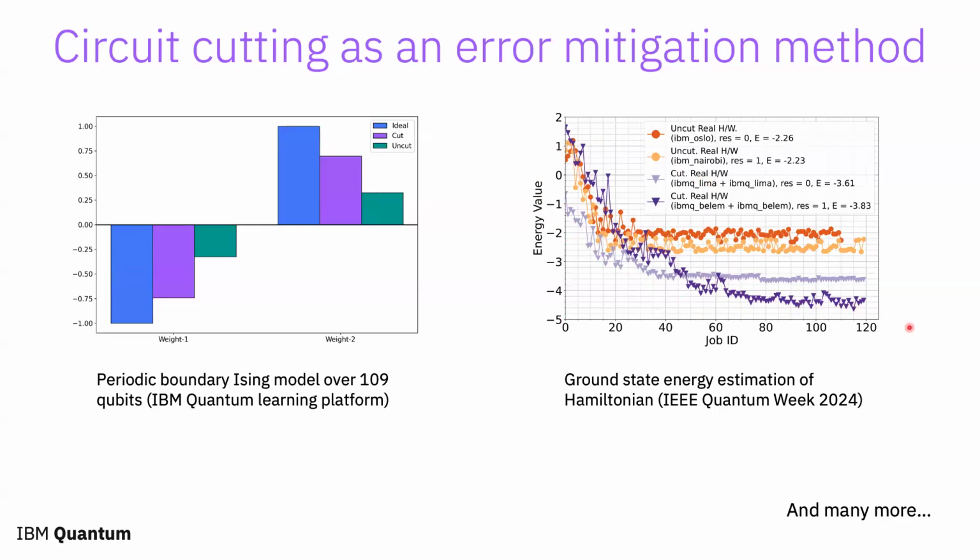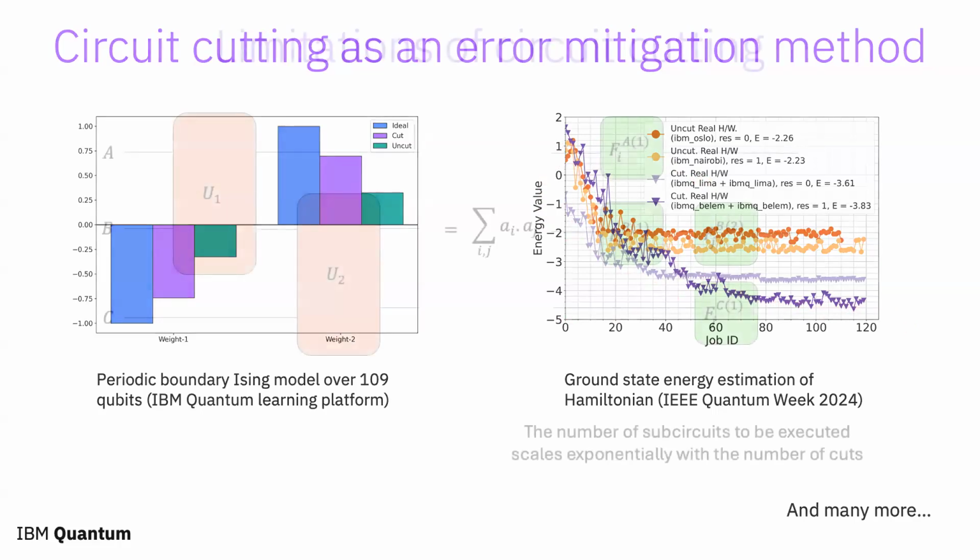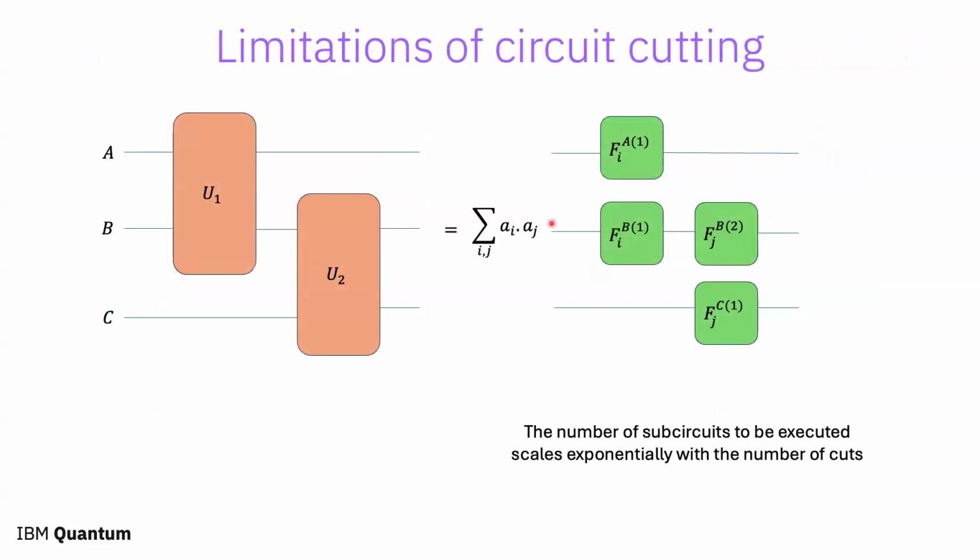Now, the question then is, if this is such a great method, why don't we use it more ubiquitously for all the problems that we are looking into? The reason is, let's look into gate cutting, and it will be obvious to you that wire cutting will have the same disadvantage.